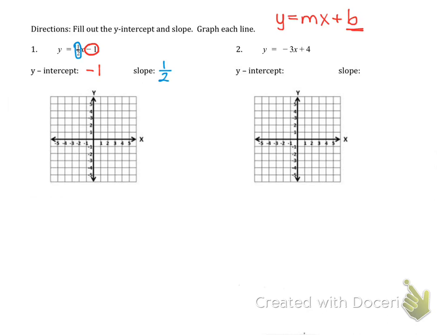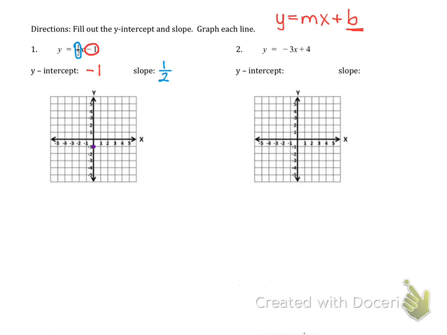When I start graphing my line, I always begin with my y-intercept, which is my b value. So think begin, b value, which is our y-intercept. So on the y-axis, I'm going to plot a point at -1. Because remember, the y-intercept is where the line touches the y-axis. So I put a dot at -1.